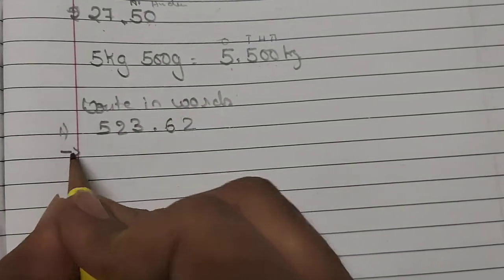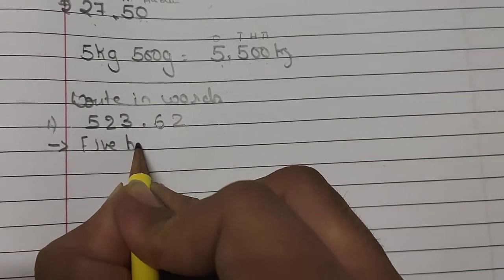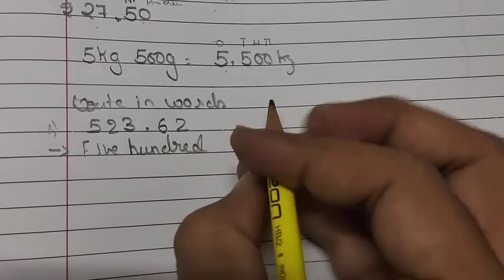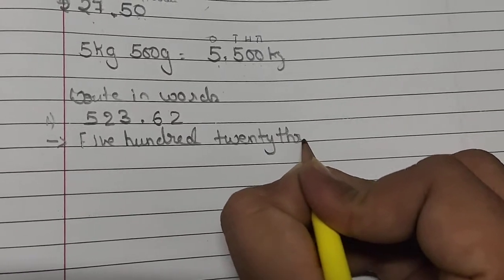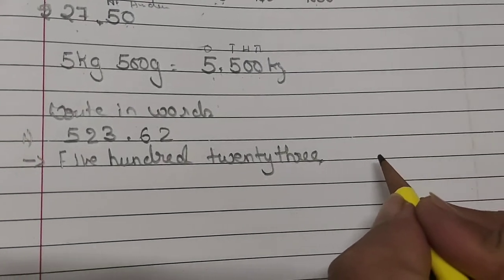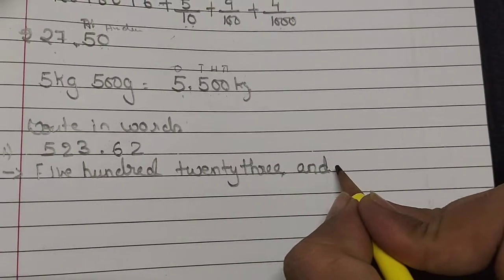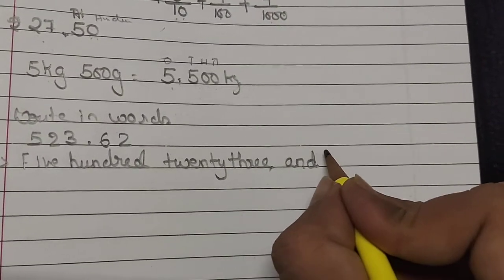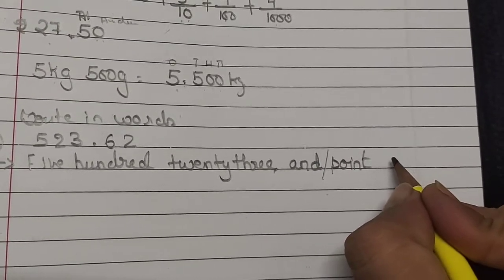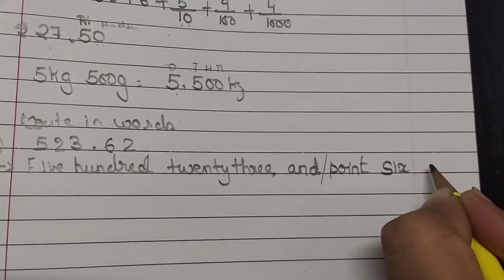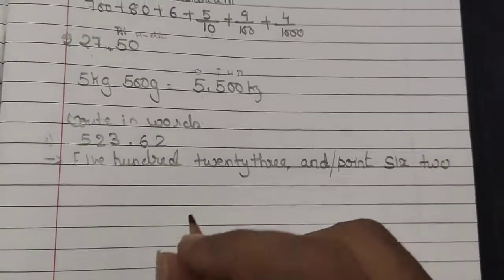If I want to write this in words, I will write similarly 500 and 23, and I can write 'and' also, or I can write 'point' also. Then 0.62.